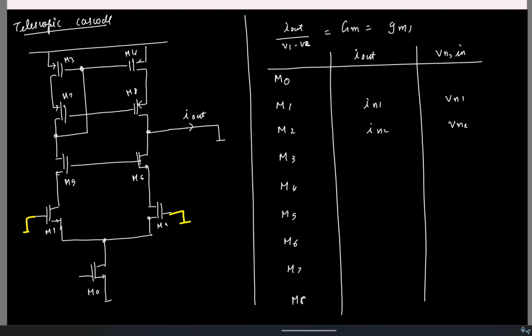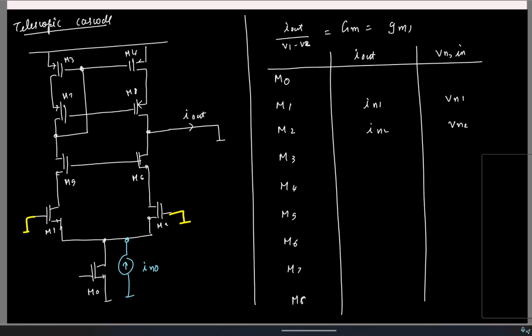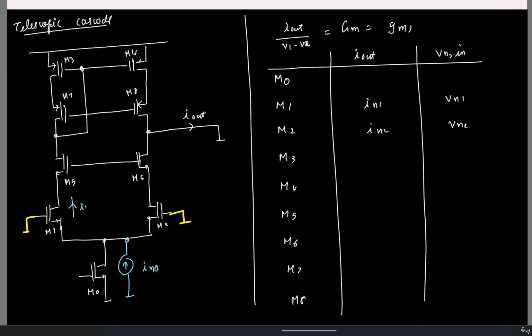Now let's look at the noise contribution due to M0, IN0. What do you think will happen to this current now? It will take the same path as before. So you'll have IN0 by 2 flowing here, IN0 by 2 flowing here. The current flowing in this branch will get mirrored here. This is I0 by 2, so the same current will get mirrored here.